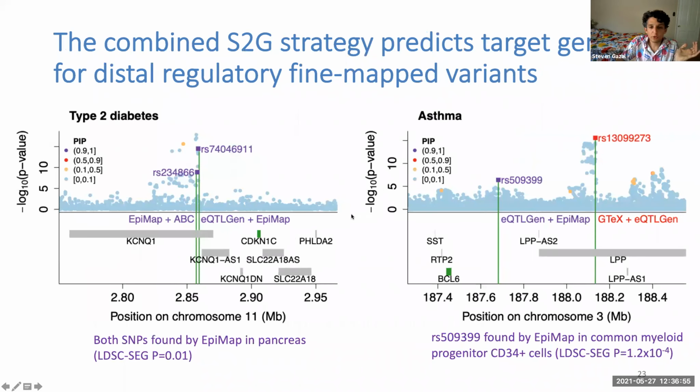Okay, so now I just want to pinpoint two of the most interesting examples of these SNP-gene-disease triplets. The first one is in type 2 diabetes. What we can see here is the p-value of every SNP in this region of chromosome 11.